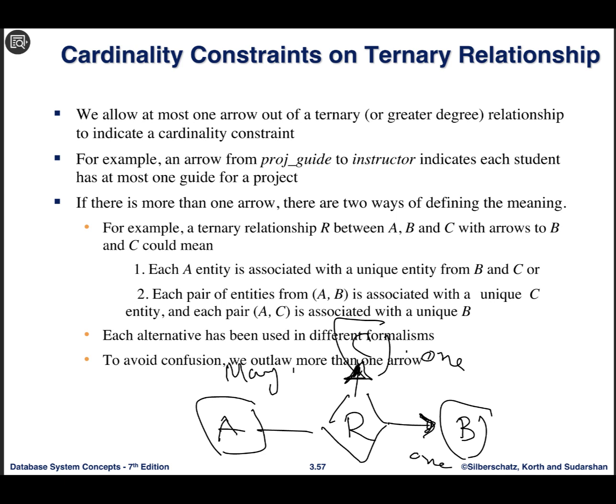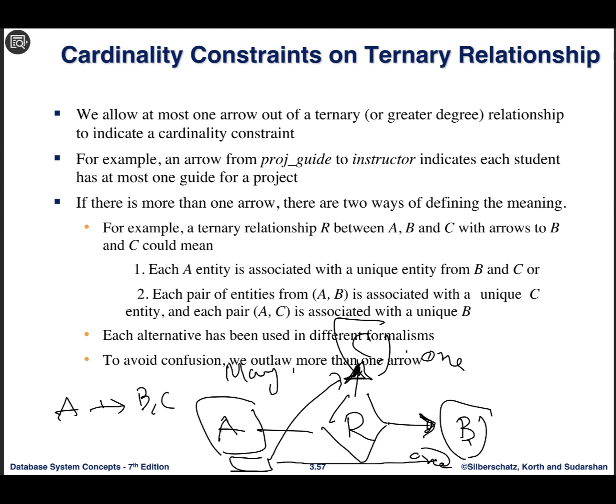Either, in other words, each A entity, in this case, is going to be associated with a unique entity from B and C, because here one entity instance from A can be uniquely associated with one entity instance from B and C, right? Because you have 1, 1.